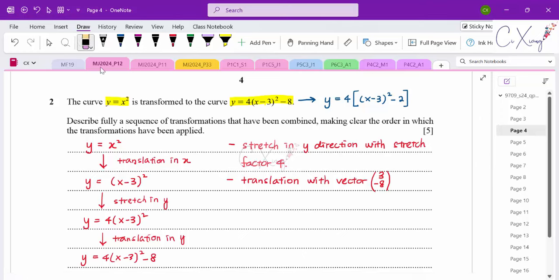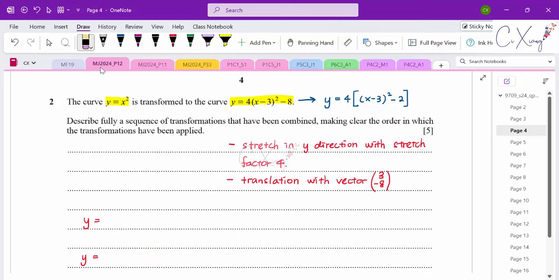So they try to factorize the 4 from the whole function. Okay, now I will show you the possible answer for this. That means it is the alternative solution.